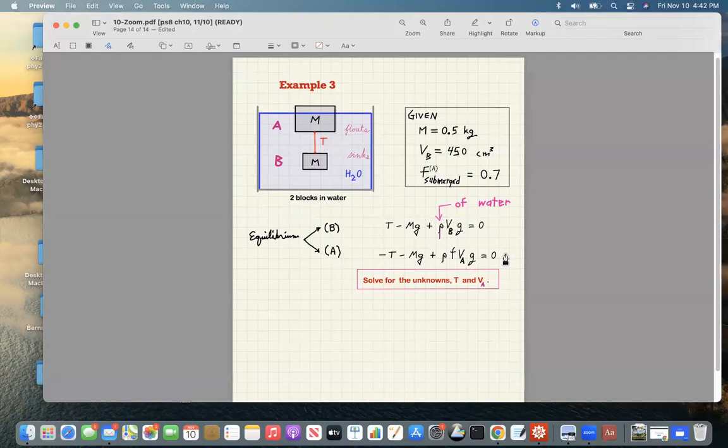So there I have one equation with two unknowns. T is not given in the problem. VA is not given in the problem. So here I have one equation with two unknowns. However, the first equation told me the value of T. So putting in the value of T here, I have one equation with only one unknown, namely VA. So you can solve for both of these. And that's the problem.